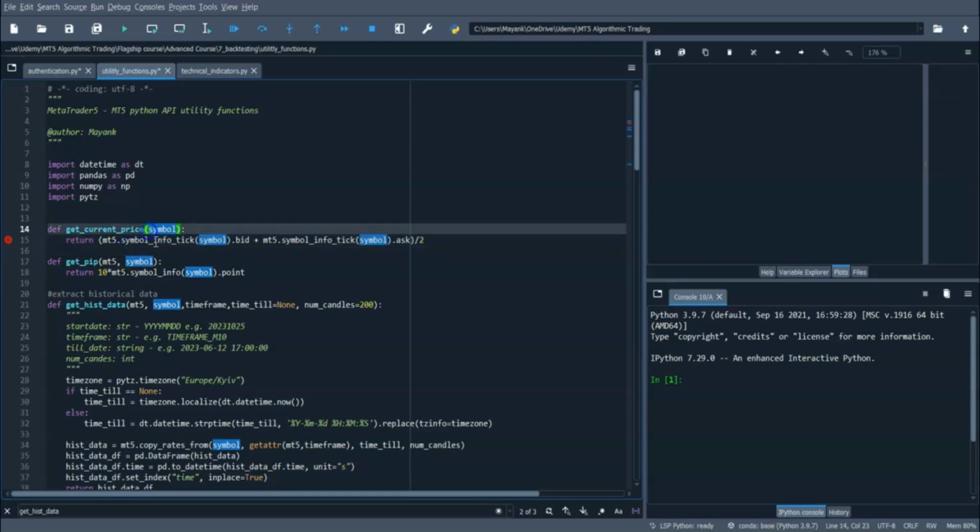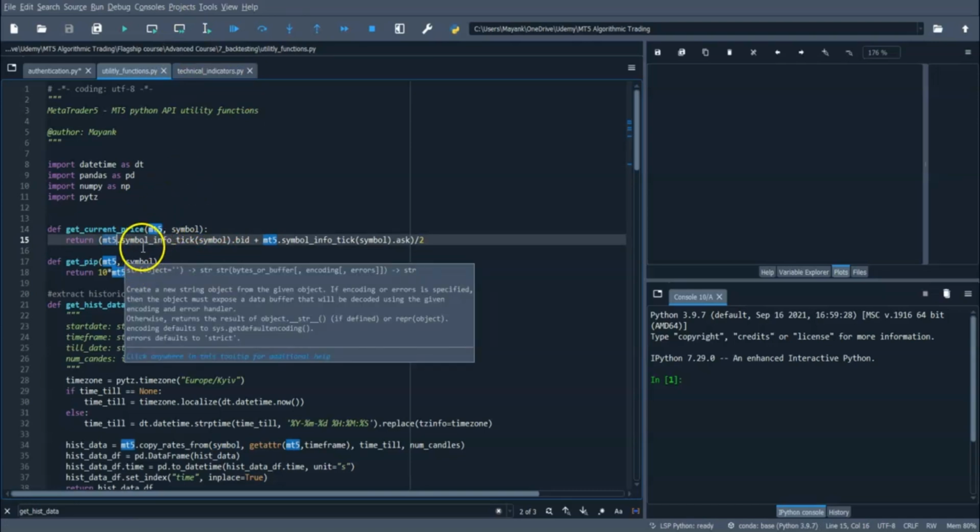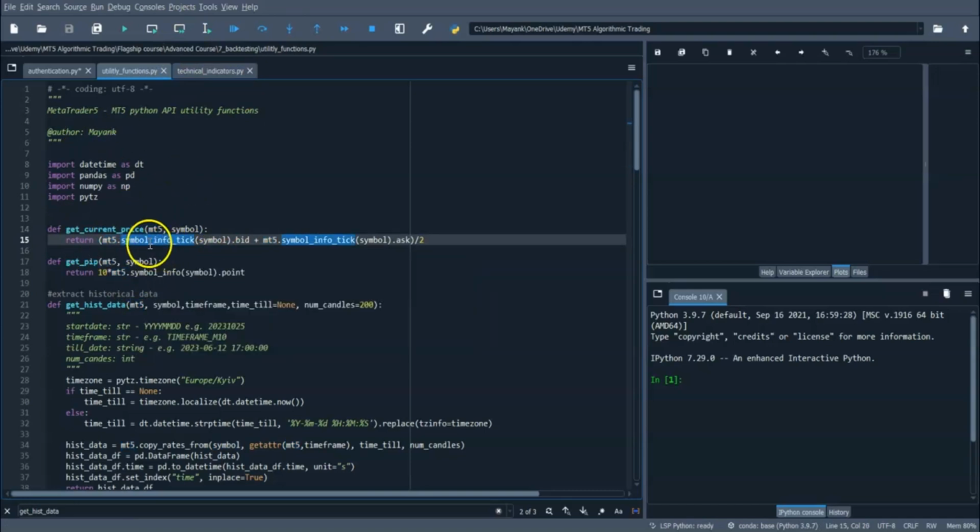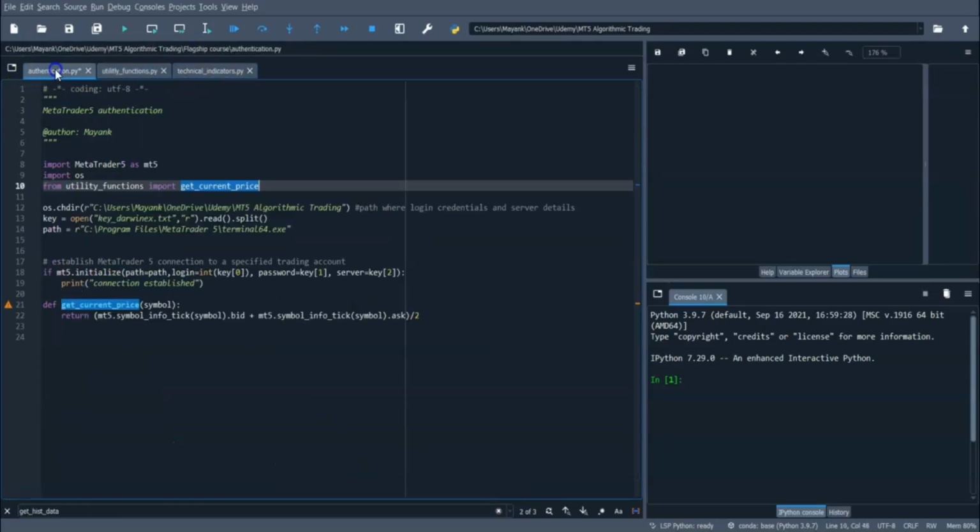You will have to pass the MT5 object as an argument to this function. Anytime we have used one of the MT5 API functions in any of the functions that we have developed in the previous lecture videos, we will have to make this change and pass MT5 as an argument. That's the only change you'll have to be mindful of.